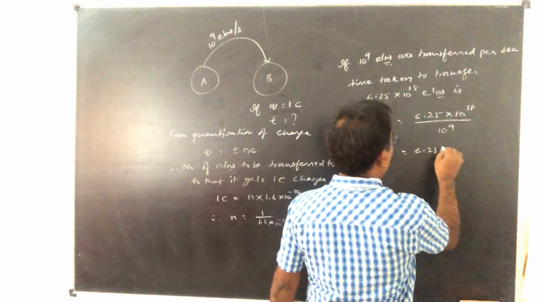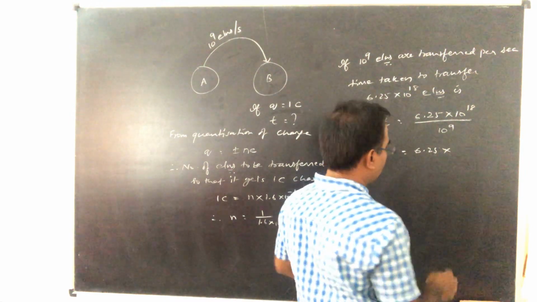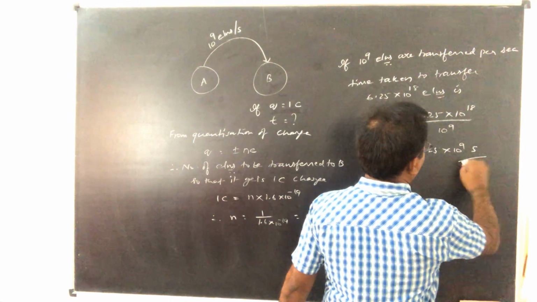So you get 6.25 into 10 to the power of 9 seconds.